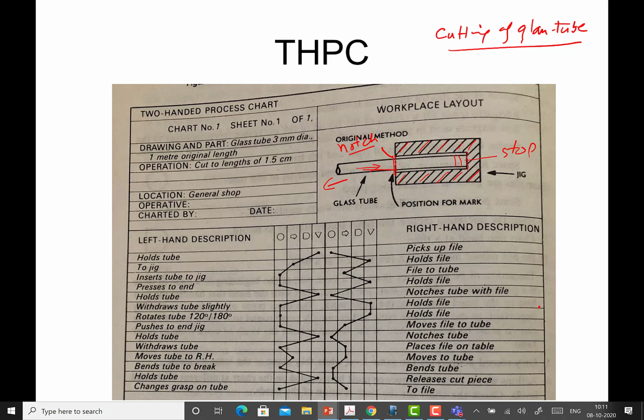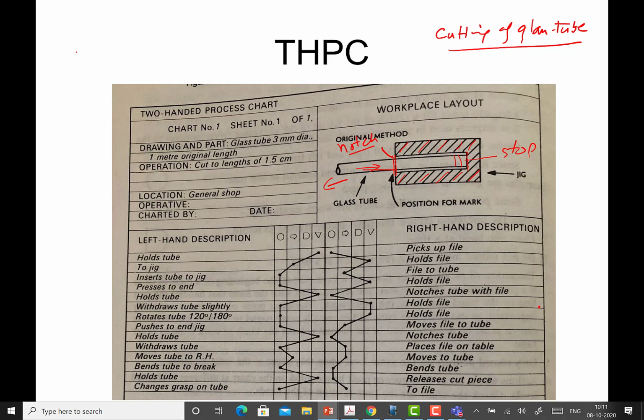Okay, so how the charting is done, as I told you, this is also a type of process chart which shows the different activities being done by the two hands in a particular sequence, and frequently it is also made on the time scale, but here there is no time scale. It's just activities being shown with the different symbols. But it can be made with the time scale also.